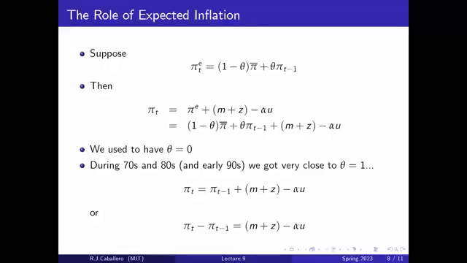Actually, maybe I can use even this expression here to explain what I'm trying to say. And I realize that this is material really for the next lecture. What I'm trying to say is that if they manage to keep this theta very close to 0, then in order to bring inflation back to their target of pi bar, 2% or so, all that they really need to do is bring unemployment to the natural rate of unemployment.